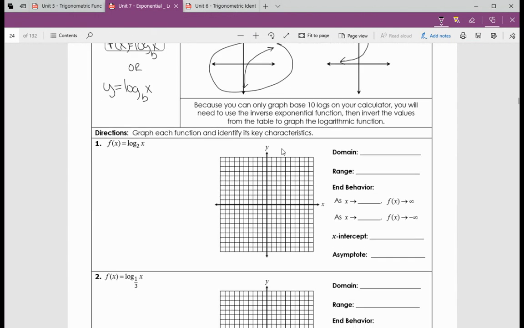So what we're going to do, we're going to take our problem, and I'm going to write it as y equals log base 2 of x. And then I'm going to write it in its exponential form.